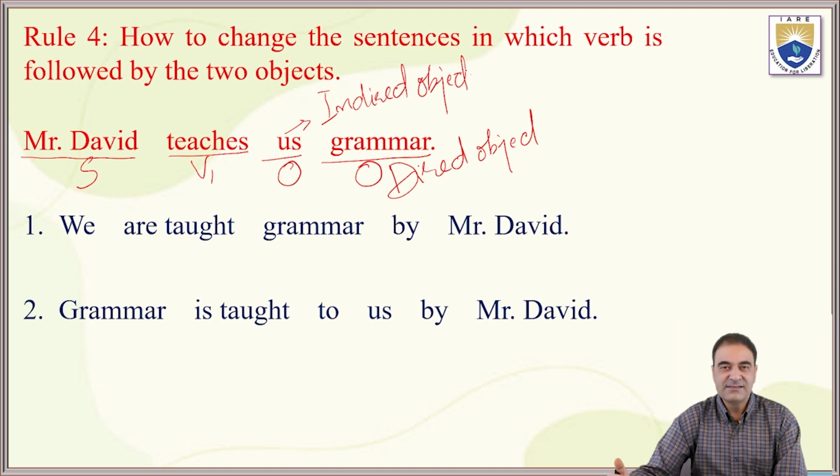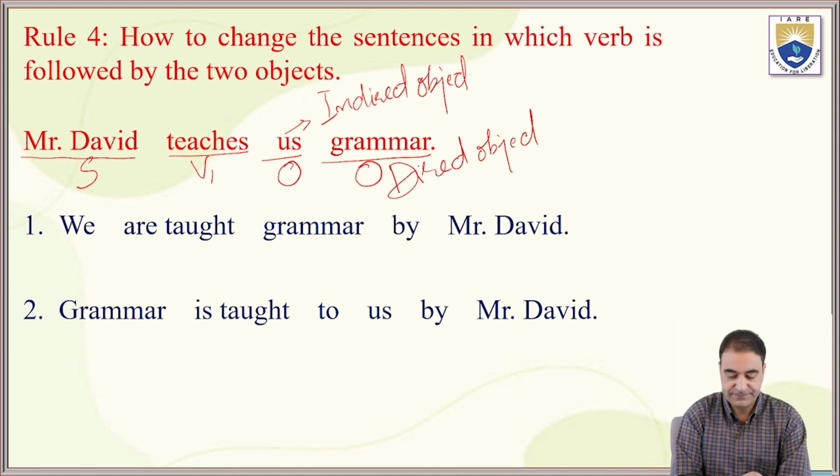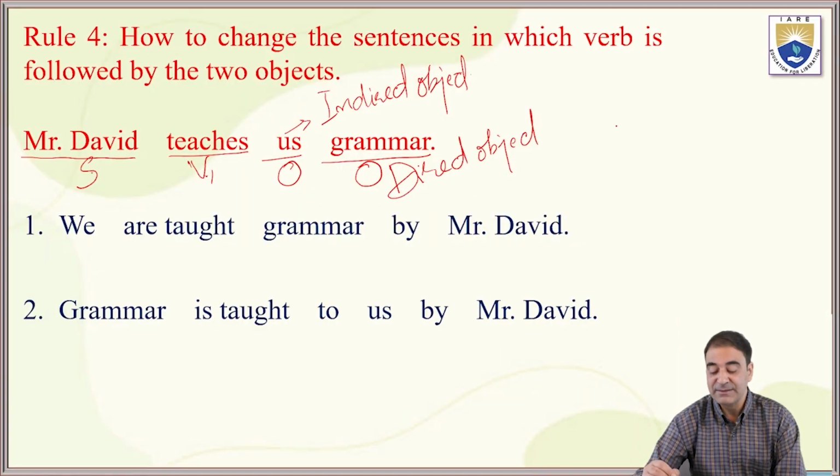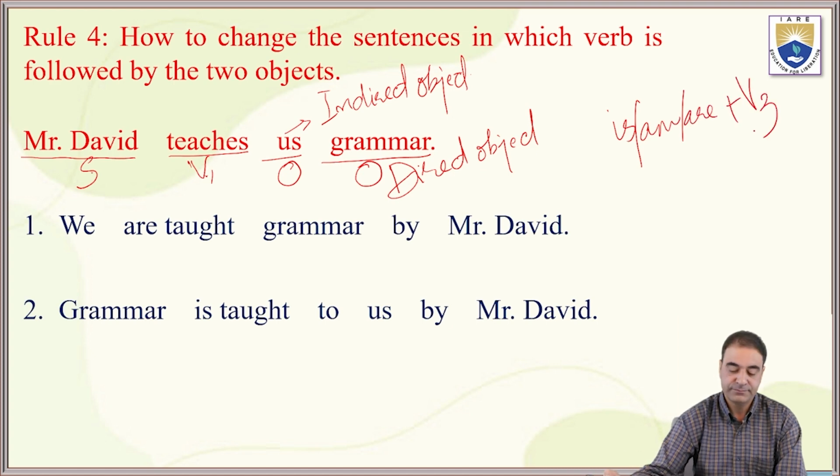Okay, this sentence which carries two objects, we can change in two ways. Look at the first one. This is subject plus verb in first form, that is, simple present tense, and simple present tense will change into is, am, are plus verb in third form.